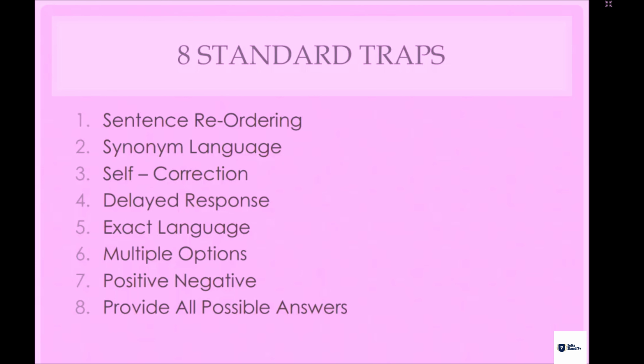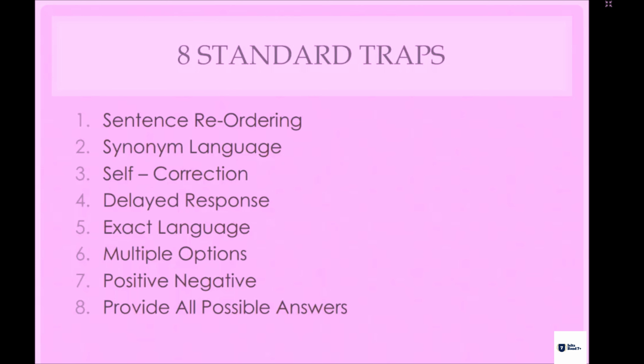One thing that they try to do on the IELTS exam is trick you or fool you into believing that something else is the answer. It's not just a straightforward listening test. They're trying to trick you. They're trying to fool you. They're trying to make you think the answer is something else. And I'm going to teach you how to not fall for the trap.